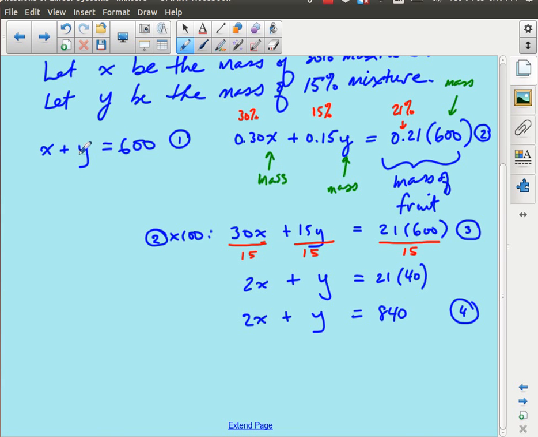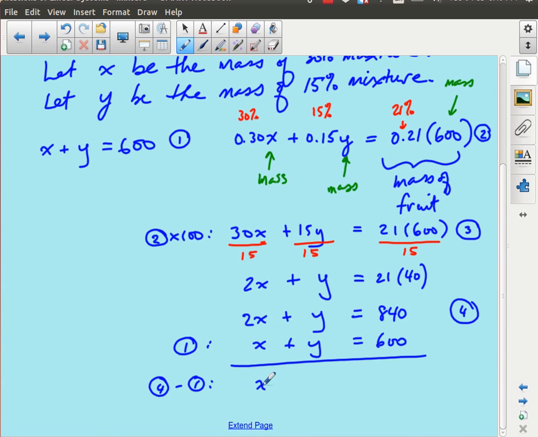I'm going to eliminate the y's. So I'm going to put equation number 1 underneath here. This is x plus y equals 600. And then I'm going to take equation number 4 minus equation number 1, using good communication to represent everything.